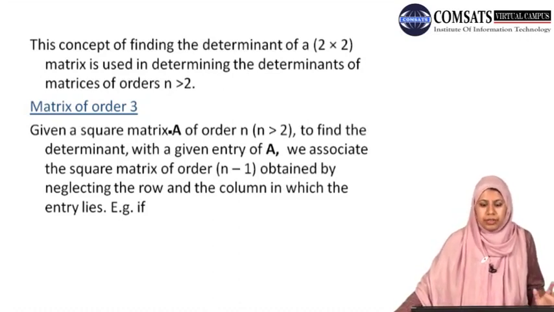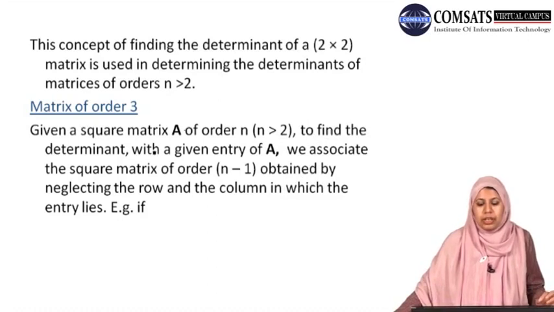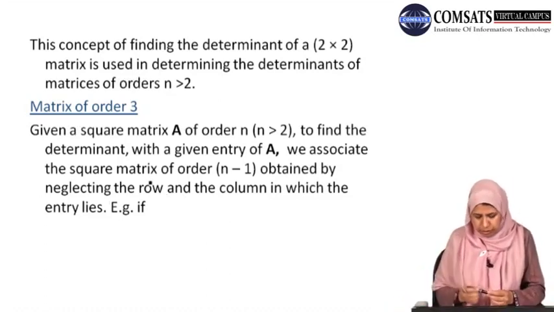We are given a square matrix A of order n greater than 2, and we want to find the determinant of this matrix. Now, with a given entry of A, we associate the square matrix of order n minus 1 obtained by neglecting the row and the column in which the entry lies. What does this mean?